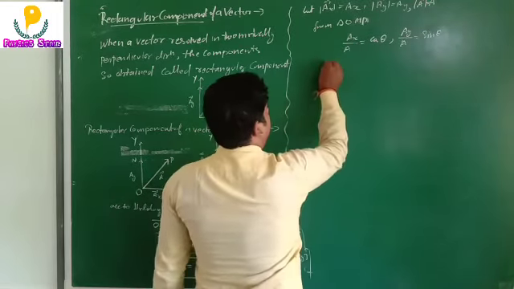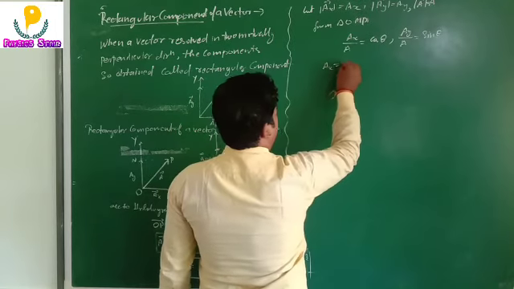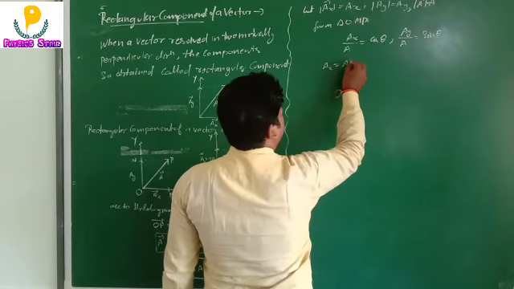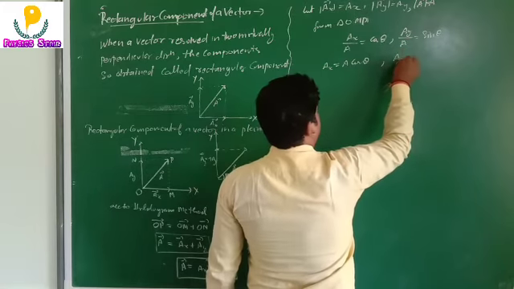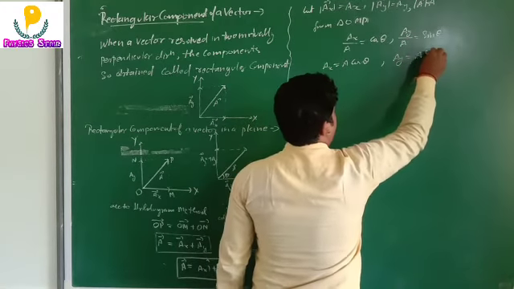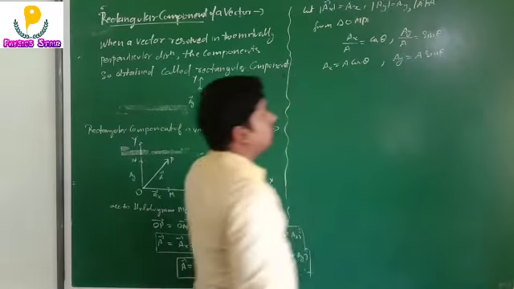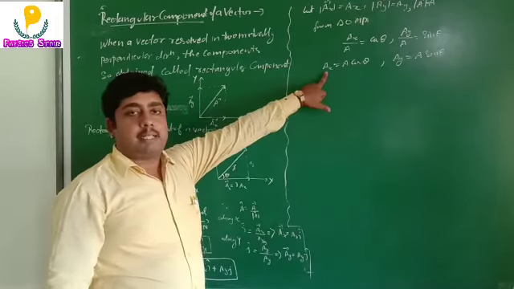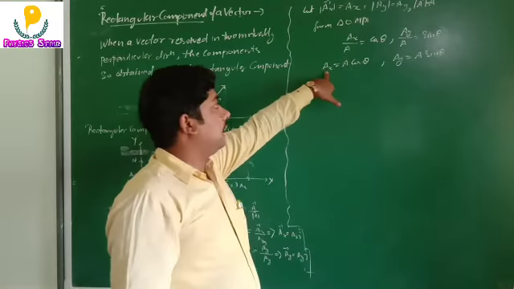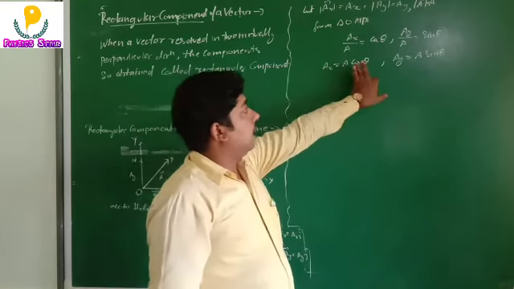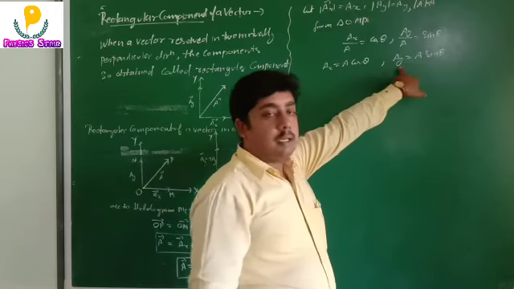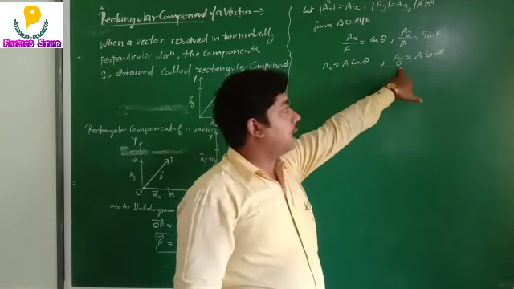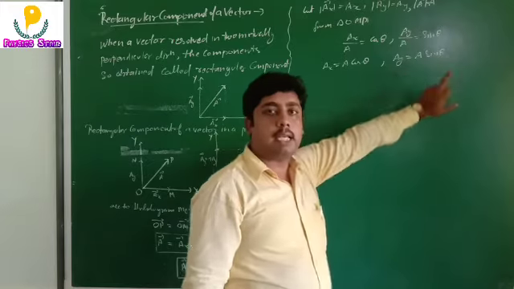So ax is equal to a cos theta, and ay is equal to a sin theta. This is the magnitude of vector a along the x axis, a cos theta, and along the y axis, a sin theta.